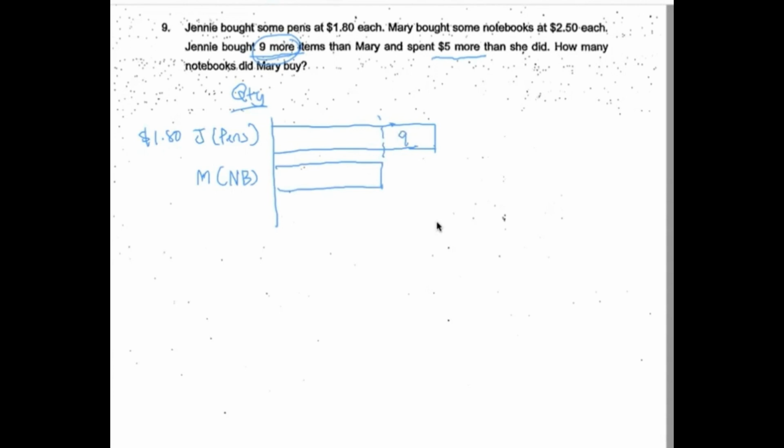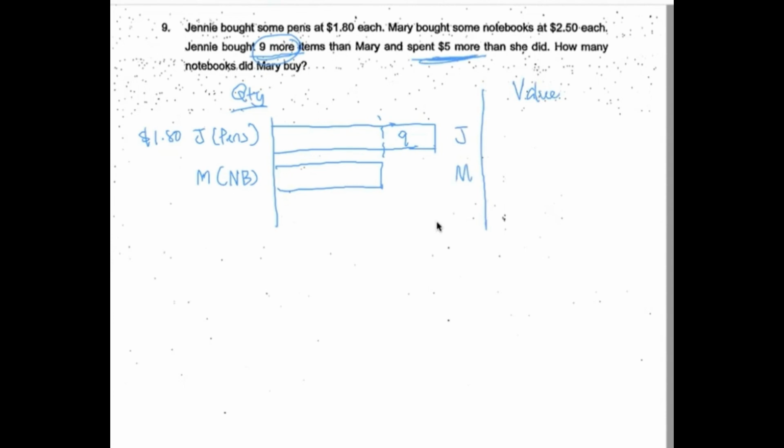Now let's look at the value model. So these two Jenny and these two Mary. Remember Jenny only bought pens. The statement says Jenny spent $5 more than Mary.